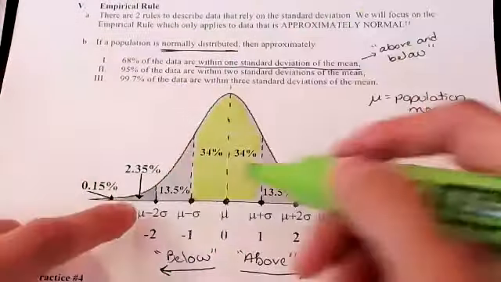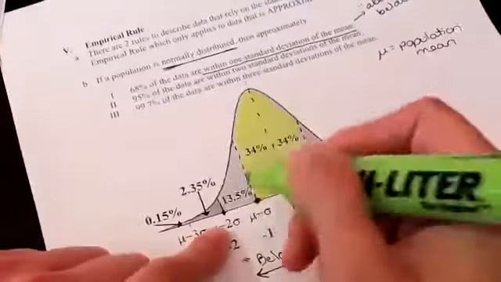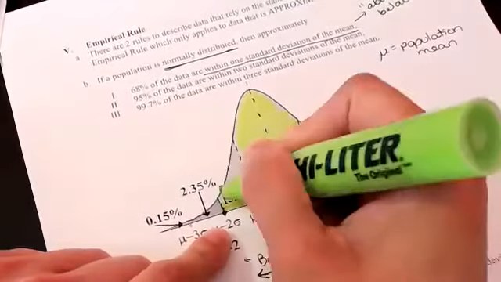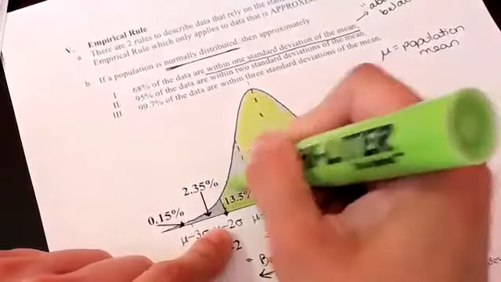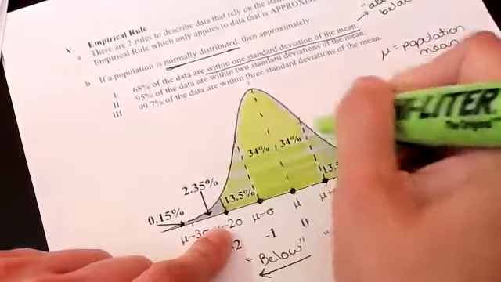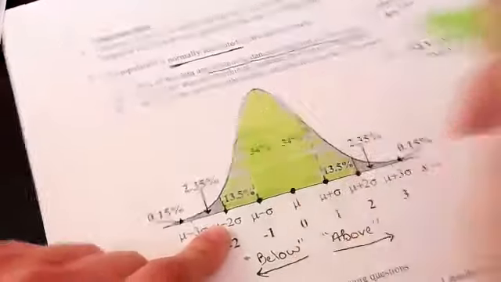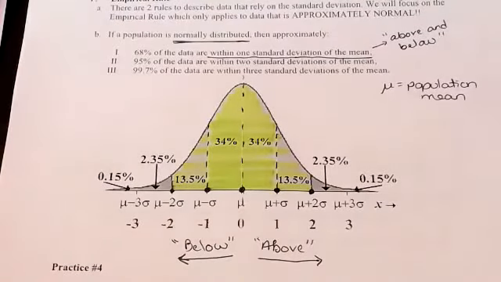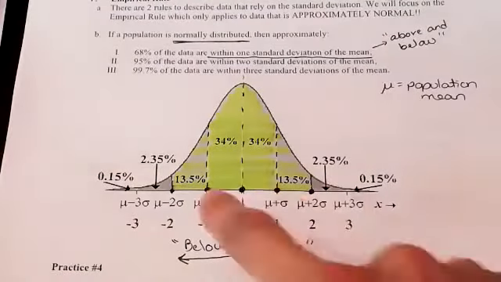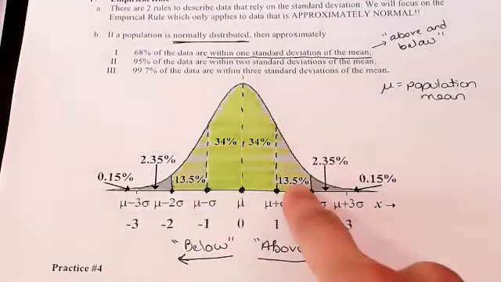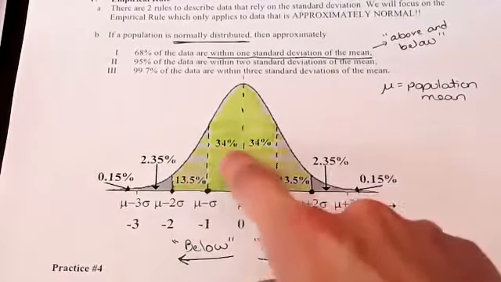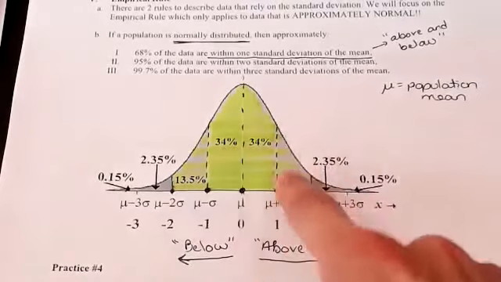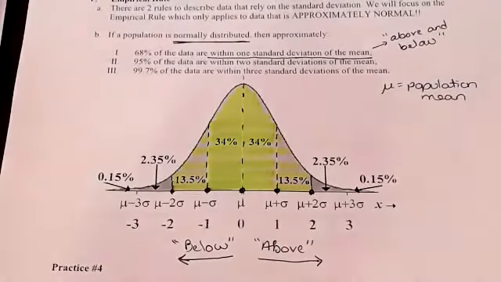So we would actually highlight everything that was between those boundaries. So now we're looking at all of this. In which case, if we wanted to determine the percentage of values that lie within 2 standard deviations, you simply add each of these blocks. If you added each of these 4 blocks together, you would get 95% of the data.